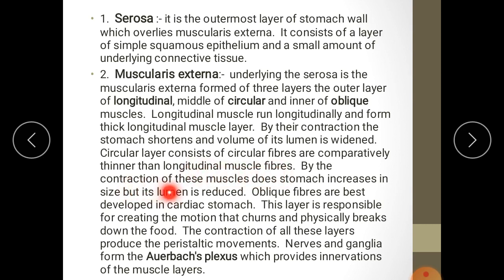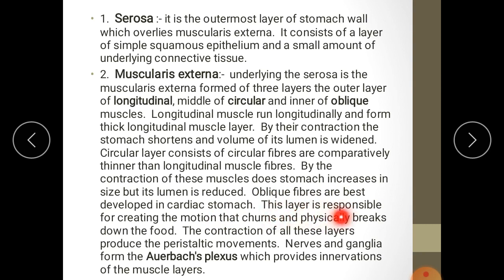By the contraction of these muscles, the stomach increases in size but its lumen is reduced. Oblique fibers are best developed in the cardiac part of the stomach.